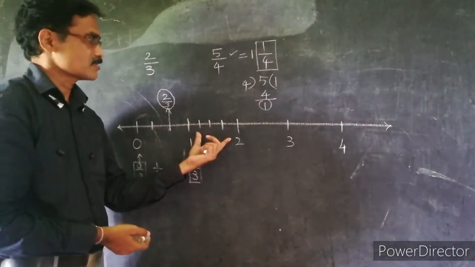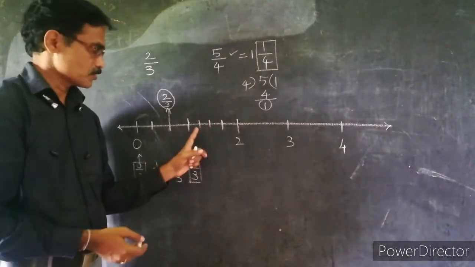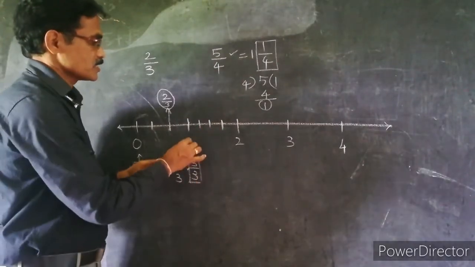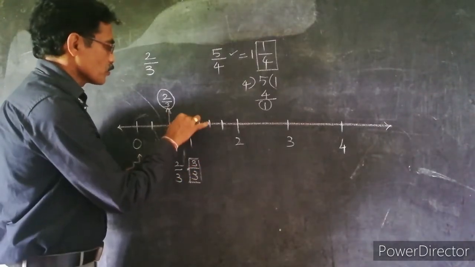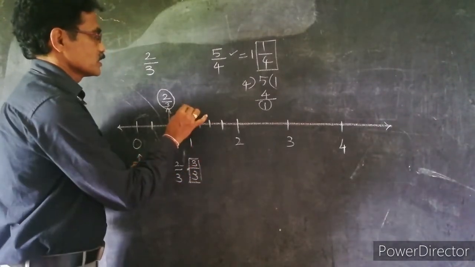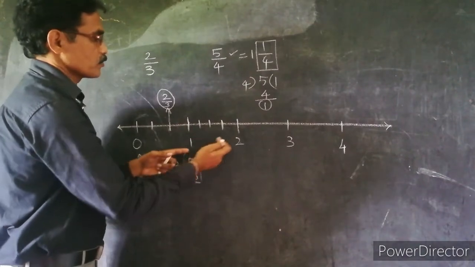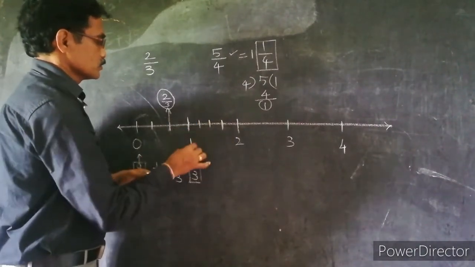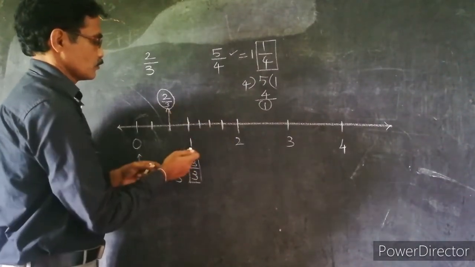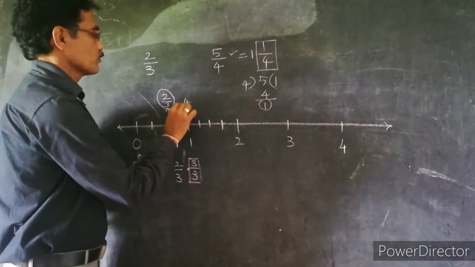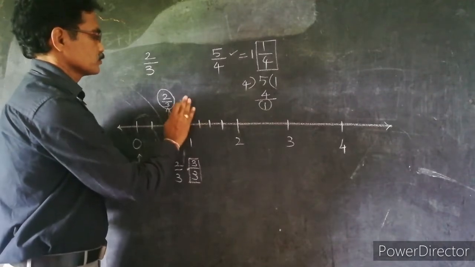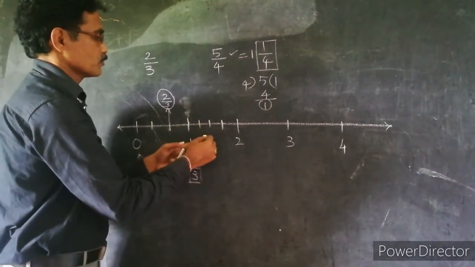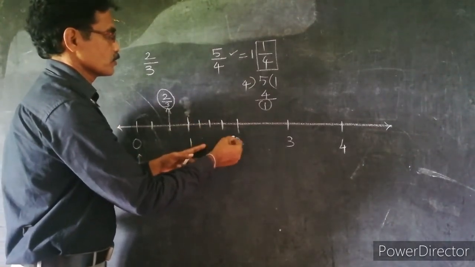Since the denominator is 4, you make it 4 equal parts. This is 1 by 4, 2 by 4, 3 by 4, 4 by 4.